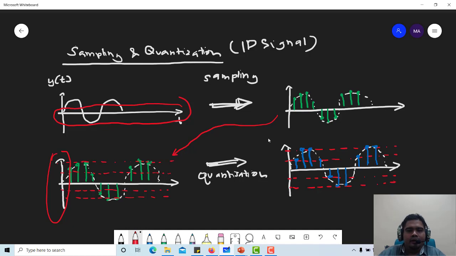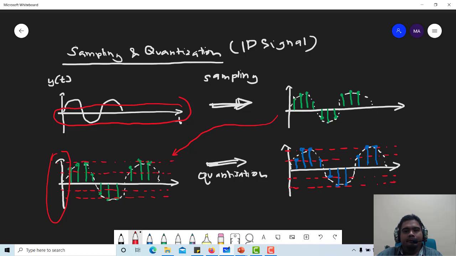In converting an analog signal into a digital signal, you need both processes, sampling and quantization, because sampling only converts the continuous values with respect to the horizontal axis into discrete values. That's why you only have this number and this number, but you cannot have something between them. Now you have a discrete horizontal axis.